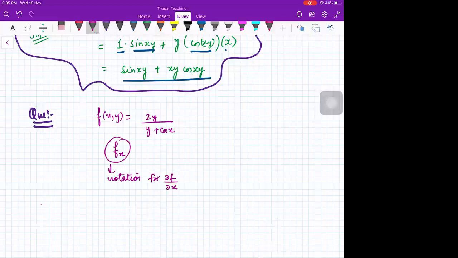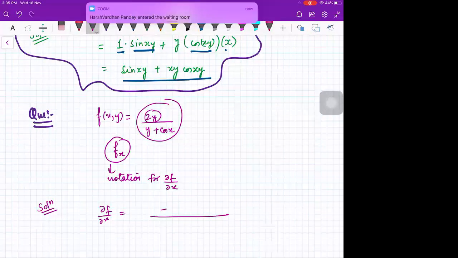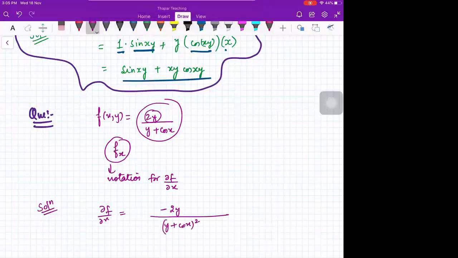So let us find out. You can do this very easily. Curly f by curly x will be, you will use the quotient rule. This is constant, so you can just write minus 2y upon (y plus cos x) square, into chain rule, derivative of this, that is equal to minus sin x. Derivative of y is 0, minus sin x.